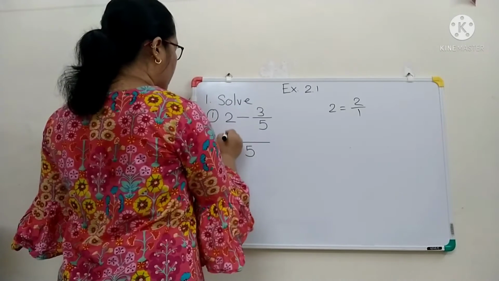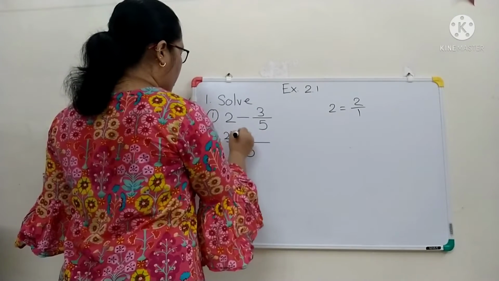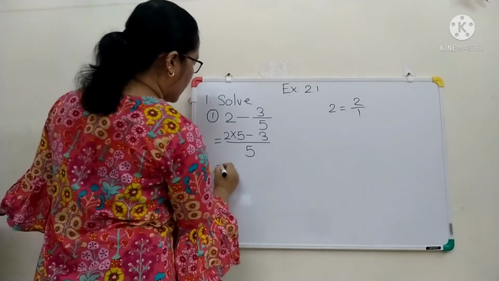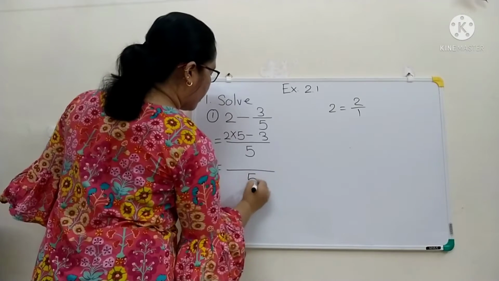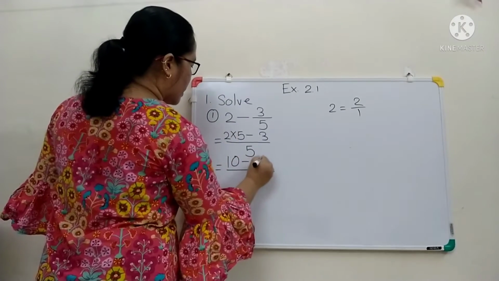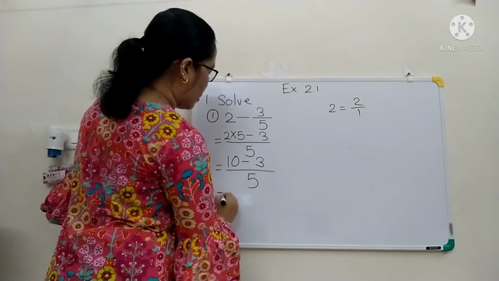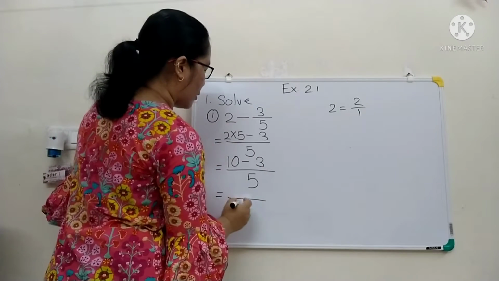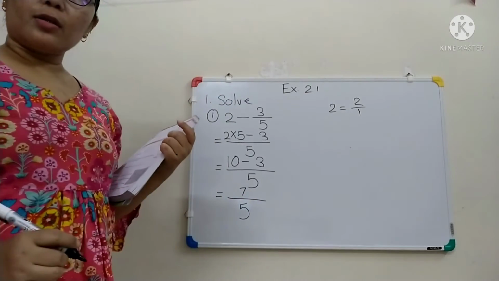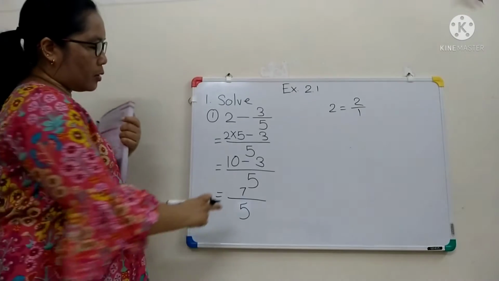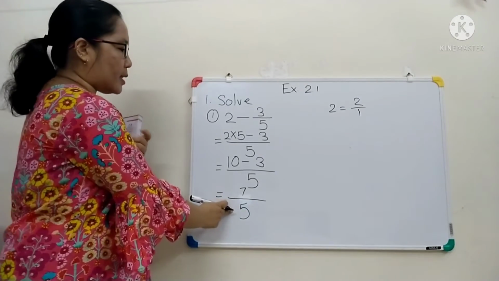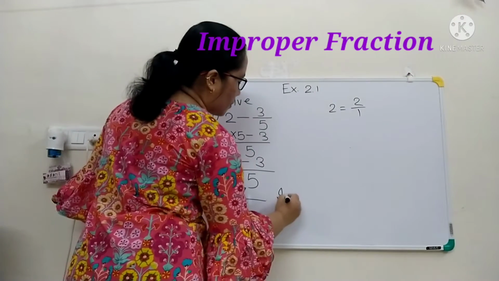So 5 times 2 is 10, minus 3 is equal to 7 upon 5. So is this a proper fraction or an improper fraction? Here the numerator is the larger number and the denominator is the smaller number. That means it is an improper fraction.